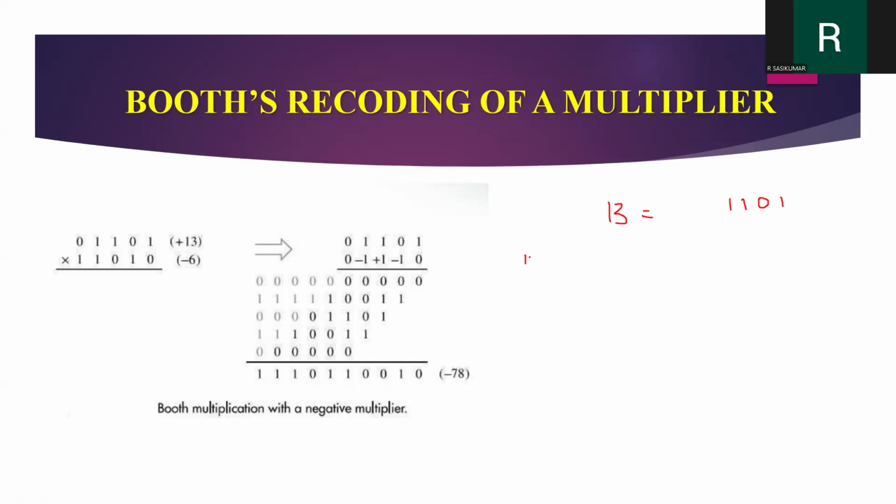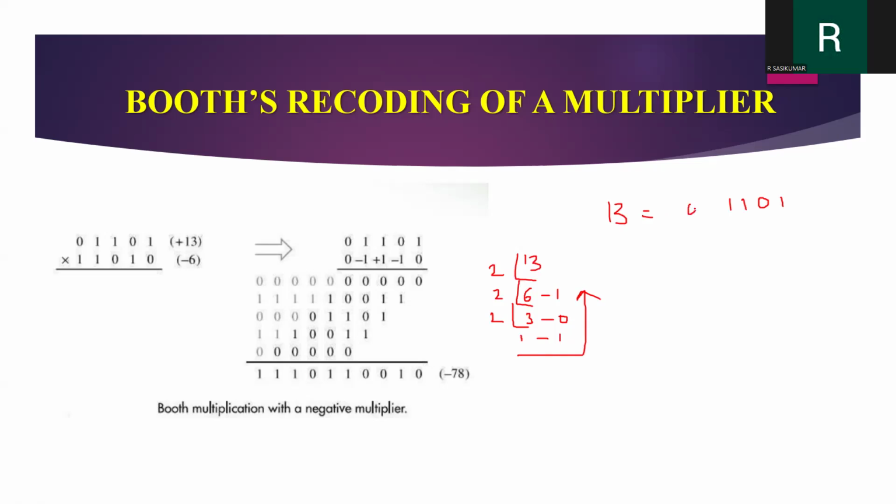Convert decimal to binary. 6 times 2 is 12, remainder 1, then 2 times 3 is 6, remainder 0, then 2 times 1 is 2, remainder 1. If the number is less than the divisor, you stop the process. This is the way to write the answer: 1101.